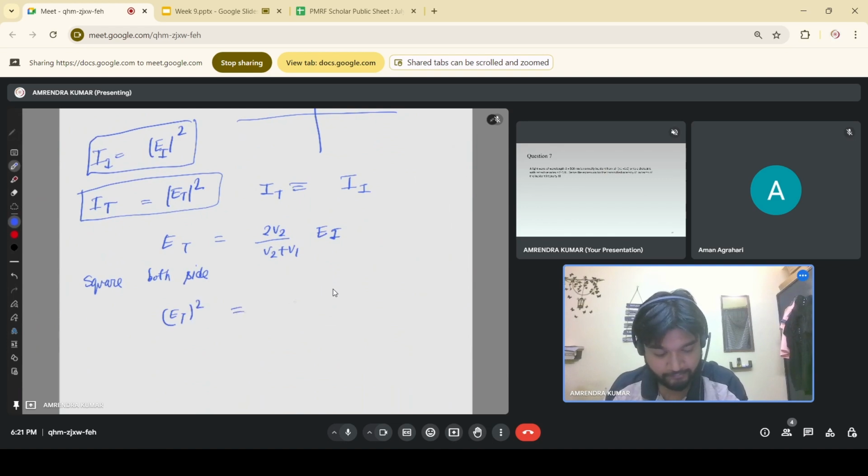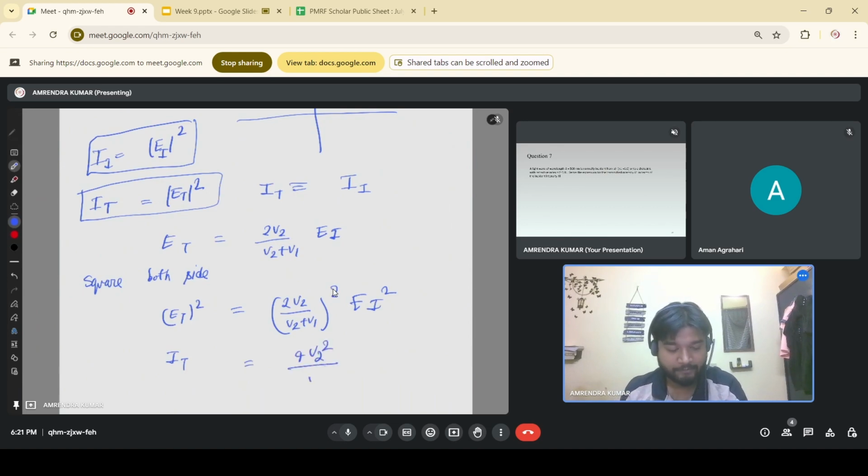So this is IT, which is 4 v2 square over v2 plus v1 whole square, times EI squared.